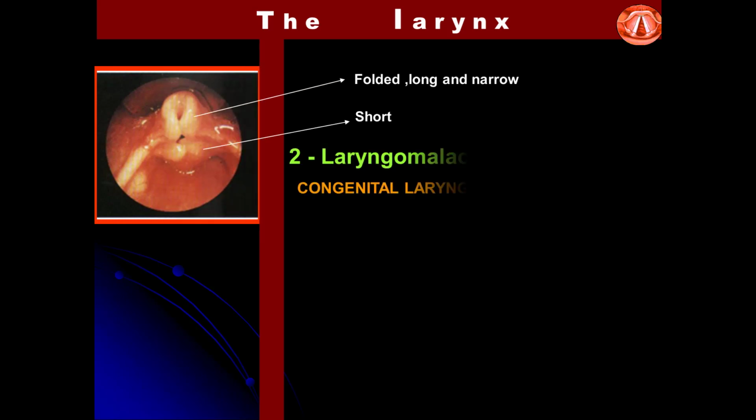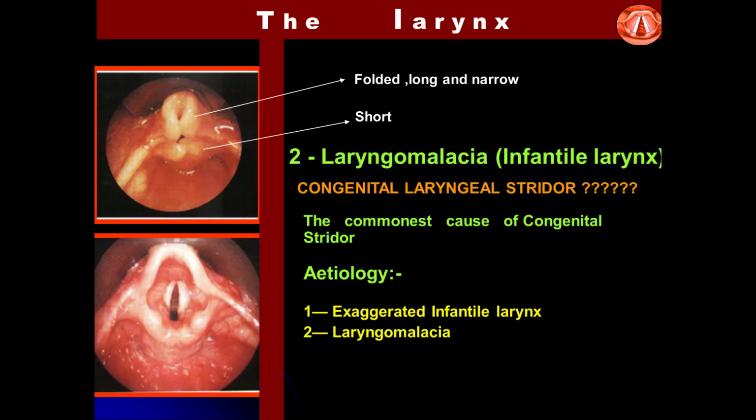Second, we will have laryngomalacia. Laryngomalacia is that anomaly which is considered the most common cause of congenital stridor in children, and there are a lot of theories showing that laryngomalacia occurs in infants, and it is considered one of the causes of what's called sudden infant death syndrome.